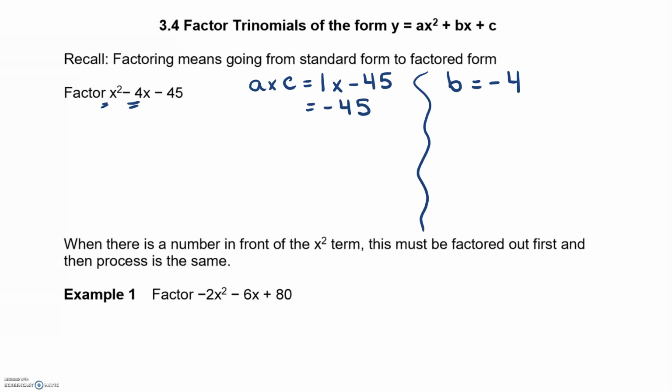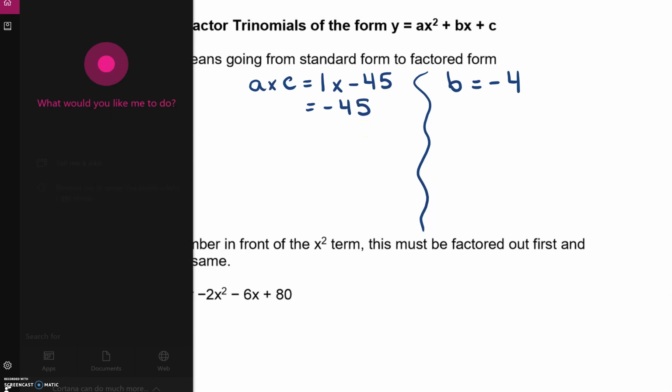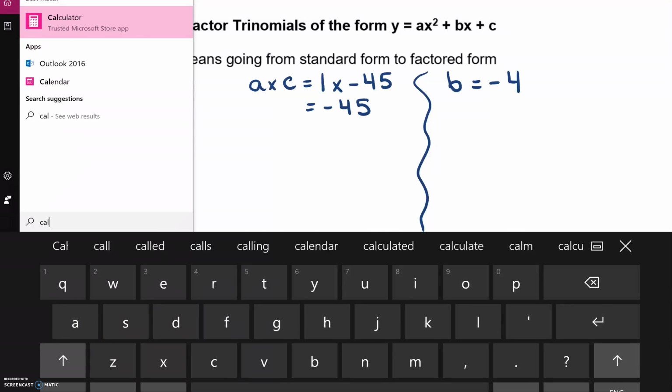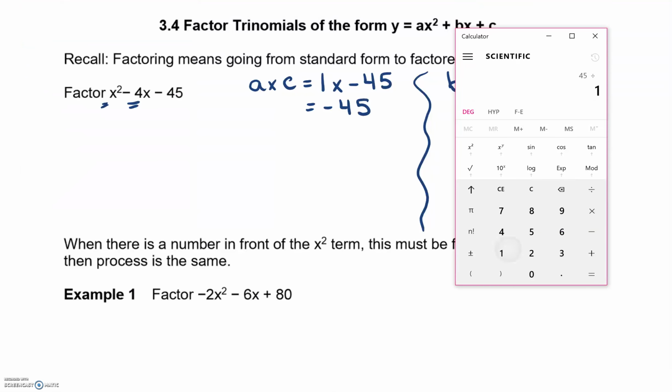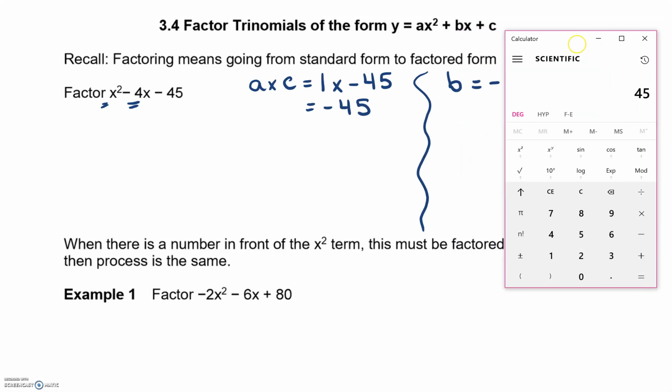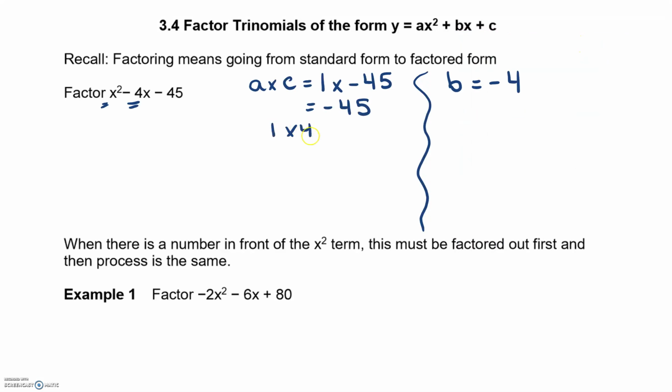Before we start doing any work, remember that a times c means finding the factors of 45. So when I take my calculator and I start with 1, I know that 45 divided by 1 is 45, so 1 times 45 is 45.